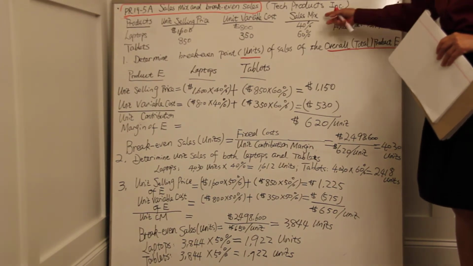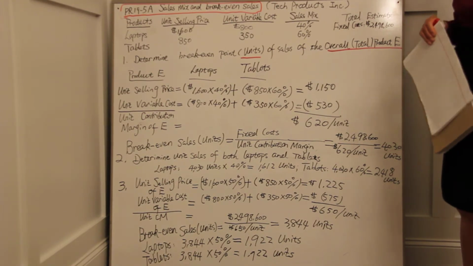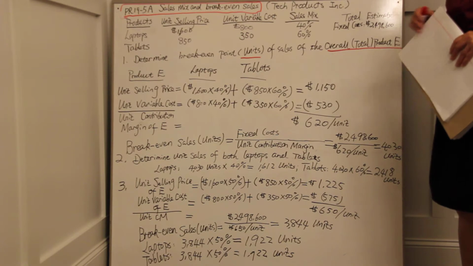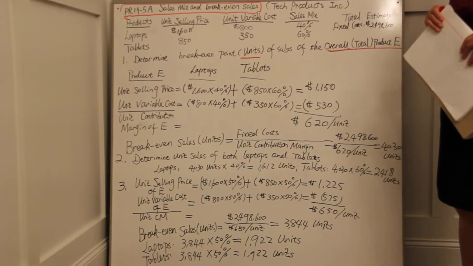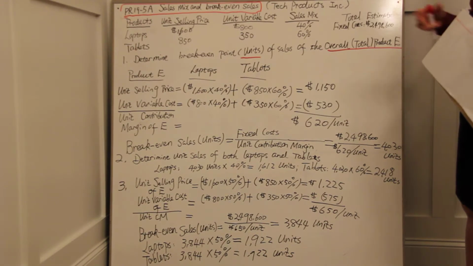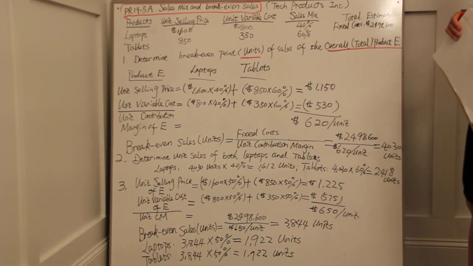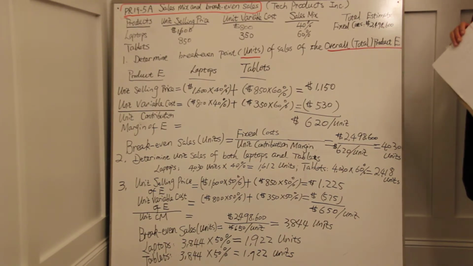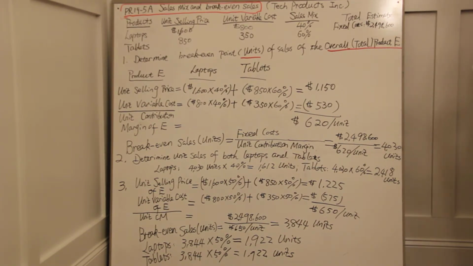So the sales mix. In terms of units sold, regarding these two different products, the sales mix is different. Here we have laptops 40%, tablets 60%. We are also given the total estimated fixed cost, 2,498,600.